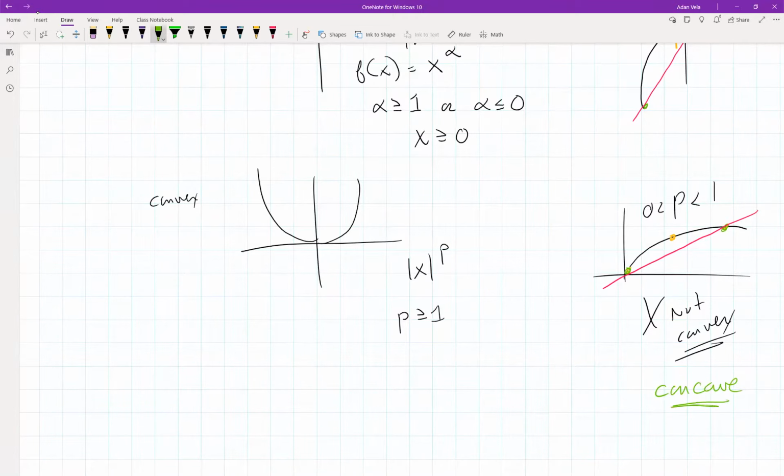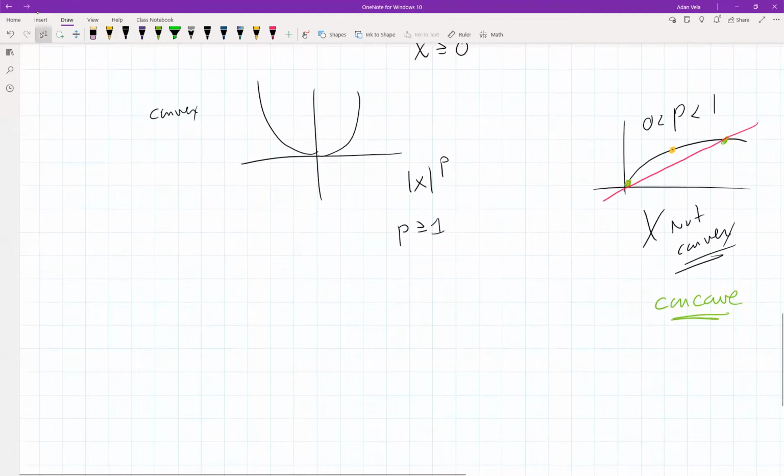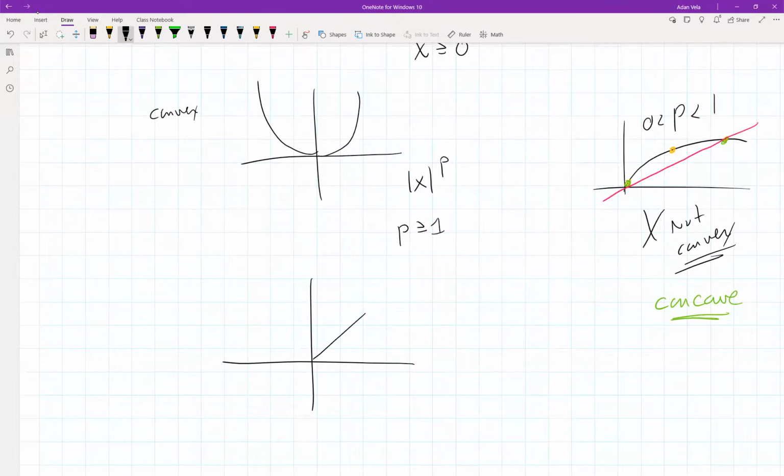Okay, so for a maximization function, that's okay. But for a minimization, that's not okay. Another example of a convex function is the absolute value. Okay. That's a convex function. Again, we can pick any 2 points and connect them with a line. And you'll see our function is always below that red line. So that's good. All right, so we're convex.